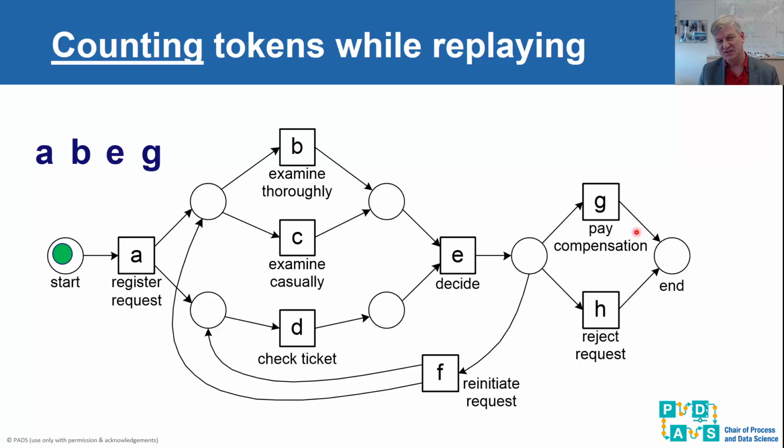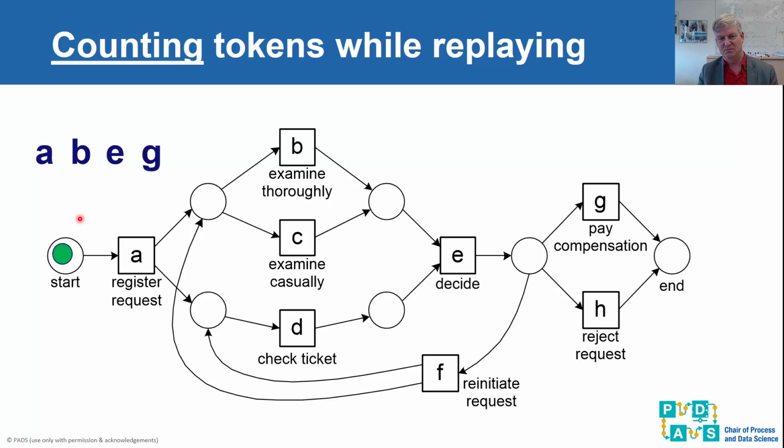And remember, in the setting that we are using, our event logs are a multi-set of traces, and every trace is a sequence of activities. So this A, B, E, G, you should think of this as a sequence of activities, and it describes what is happening to a particular case that is flowing through this process.